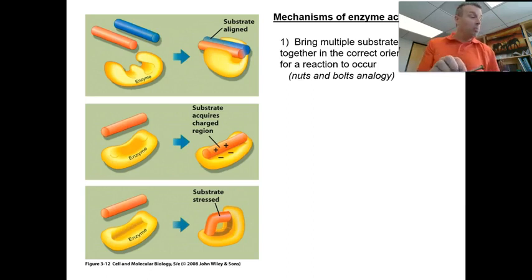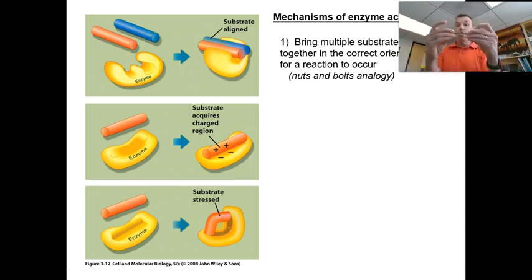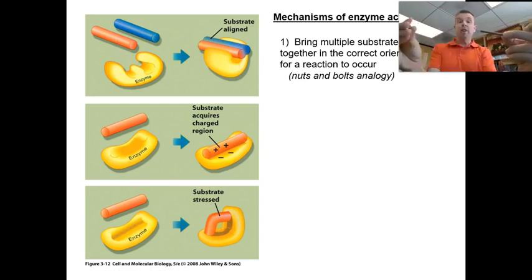That's because there's a little bit of energy needed in order to get that perfect fit, to bring them together, to make that happen, right? And that's true also for a reaction. If I needed two of these reactants to react and create a bond and come together, so maybe I'm creating a dehydration reaction, linking amino acids together, well, the likelihood of those two things coming together in the perfect orientation to link without any help is very, very low.